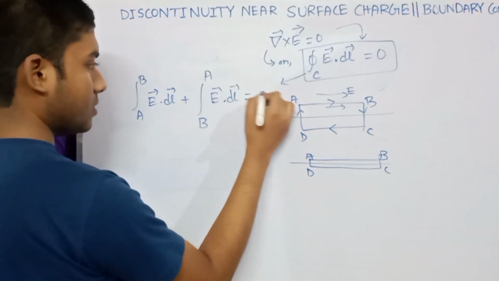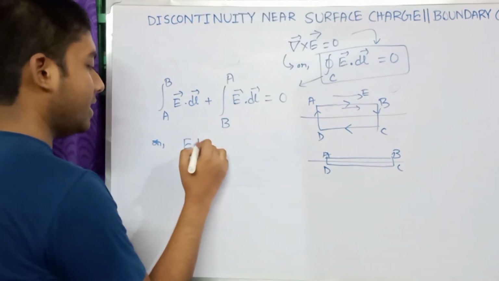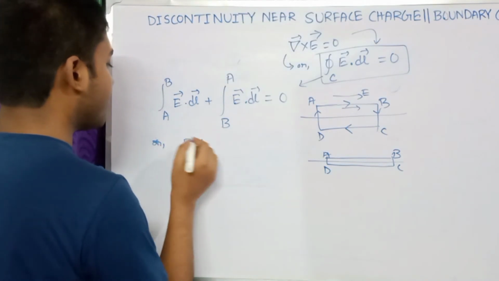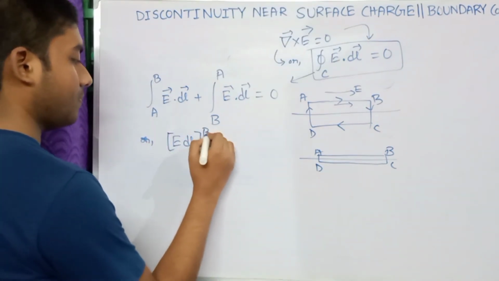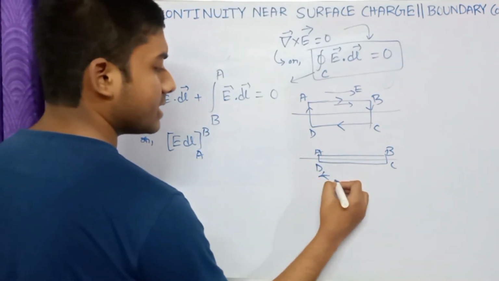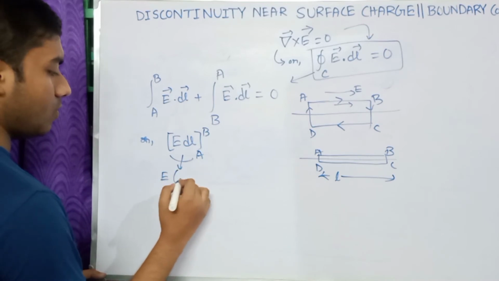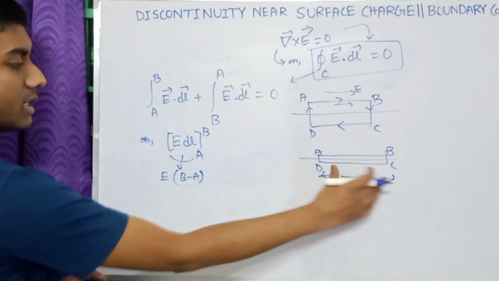is equal to 0. Now this will be what? E dot dl. This will be simply E dl, as the direction is the same. So this will be E dot dl from A to B. Suppose this length is L. So this will be just E into B minus A, that means just the length.